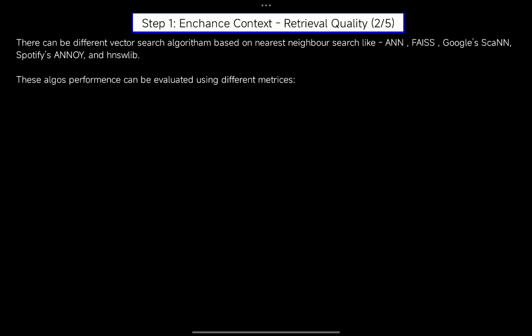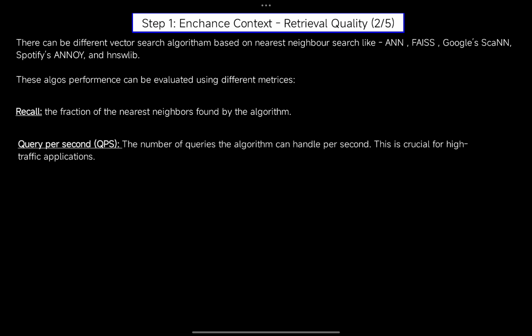These algorithms have certain benchmarks through which they have been ranked, and based on your use case you can pick any of these algorithms, right? The metrics are like recall, which tells you what fraction of the nearest neighbors were found by that particular algorithm, right? Then there is queries per second, which is QPS.